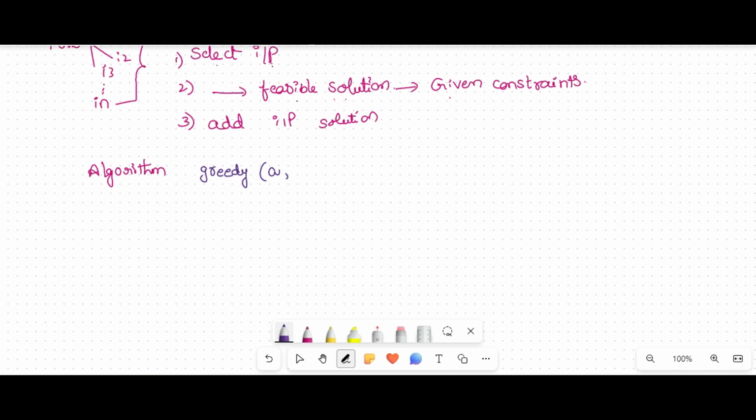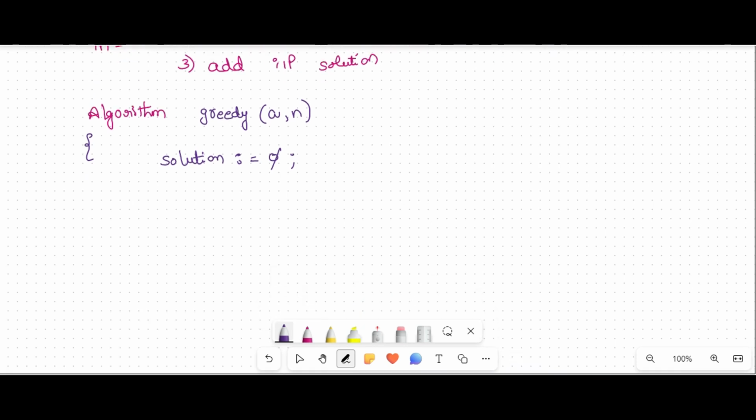The given problem consists of n number of inputs. Initially there is no solution, so initially the solution does not contain anything. Now we will select one by one from the given inputs, for i equal to 1 to n.